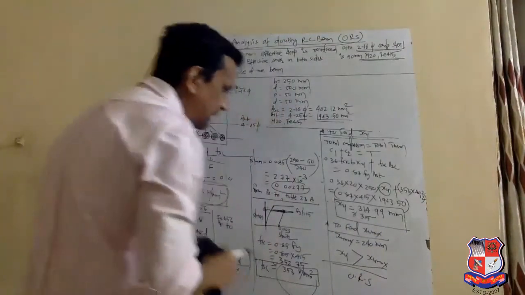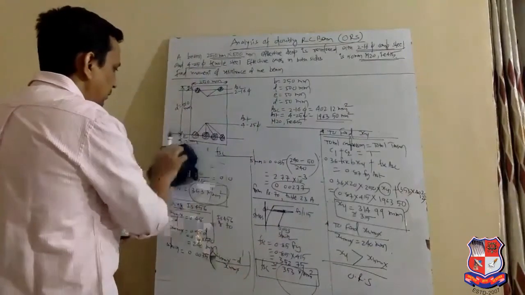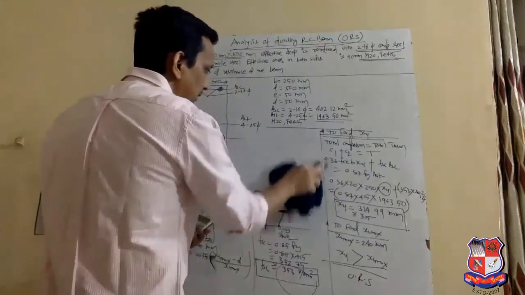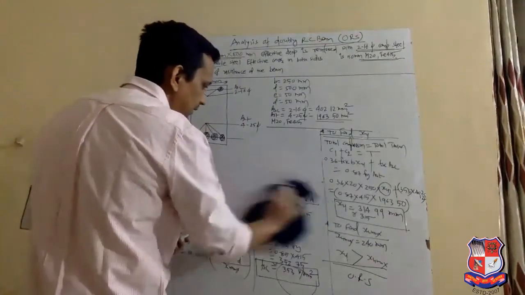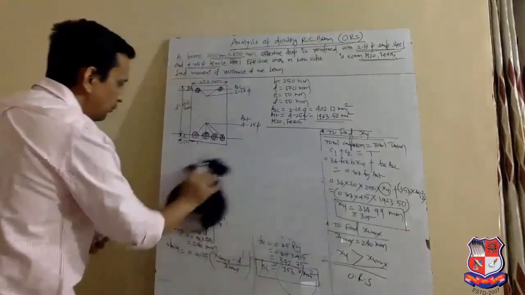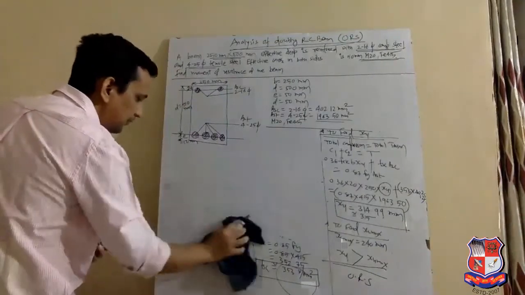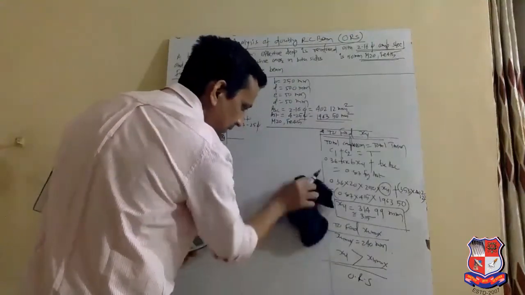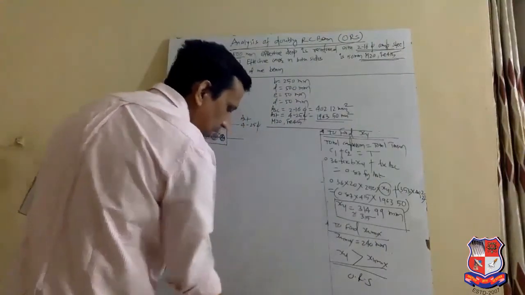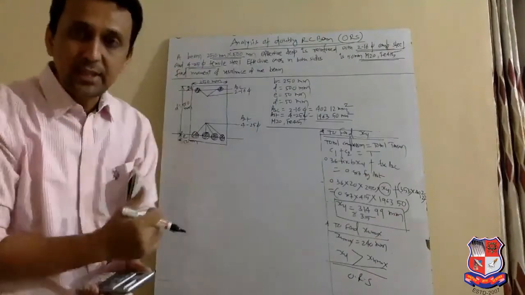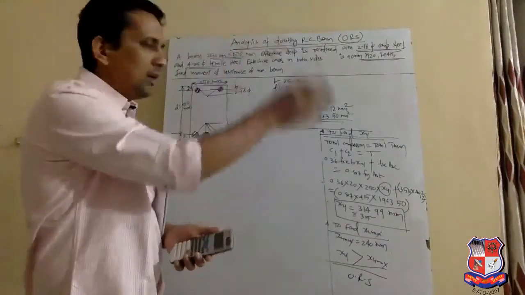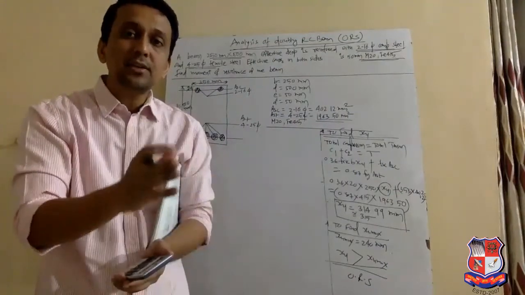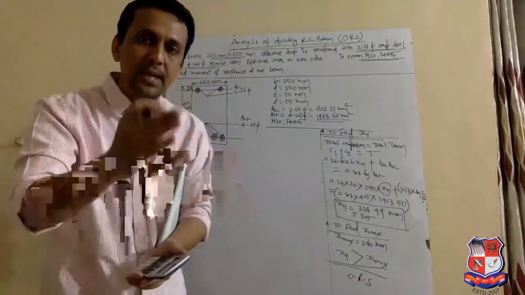So what will be the change when we have section URS and when we have section ORS? The basic difference is in the equation of moment of resistance, we have to use the value of XU max instead of XU. So this is the basic difference between URS and ORS section in the case of analysis of WRC beam.